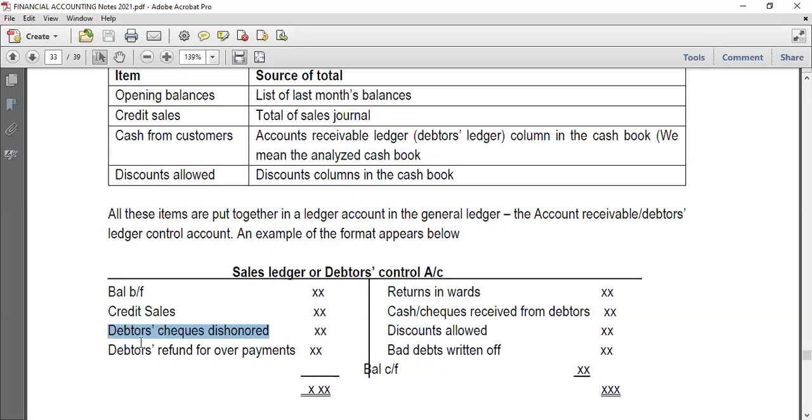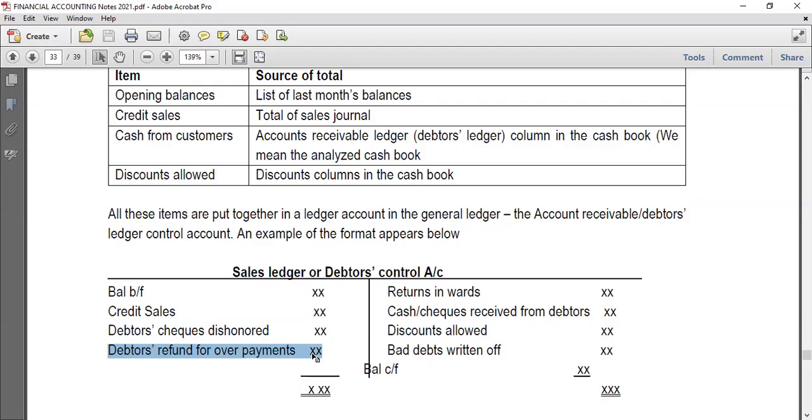The other is, of course, the debtors' refund for overpayments, okay? Now, in the same way, remember when the debtors pay us, what we basically do is we credit the debtors account, because our debtor balance is reducing with them.